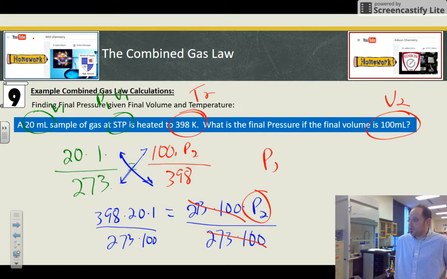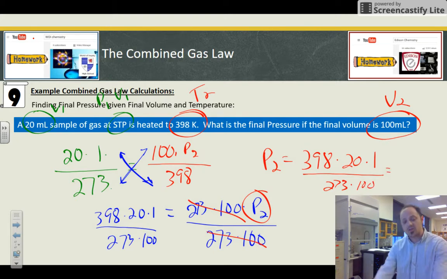So P2 equals 398 times 20 times 1 over 273 times 100. And the pressure in this case is going to be in atmospheres because the pressure at STP is 1 atmosphere. So P2 is going to be blank ATM.